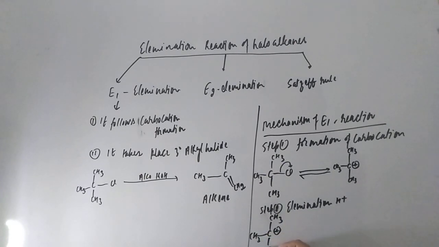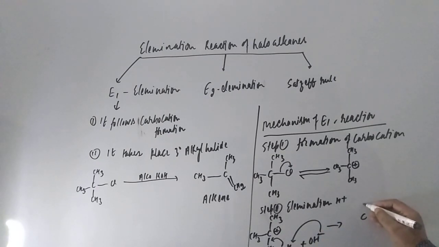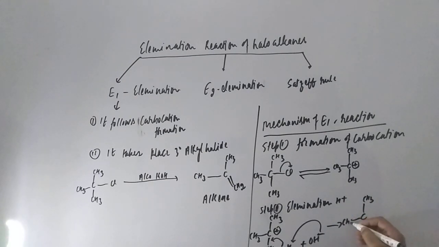The OH base will attack this hydrogen and this bond will shift here. The final product will be CH3, CH3 and the double bond CH2, plus water will be formed.